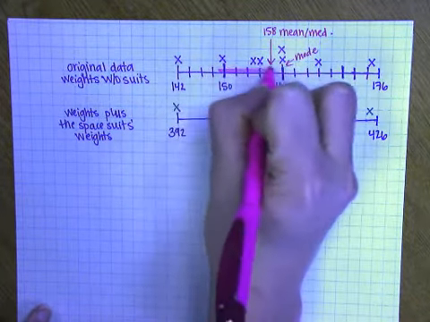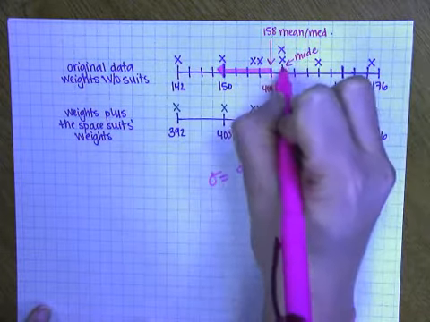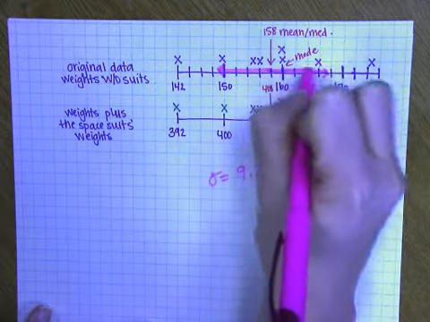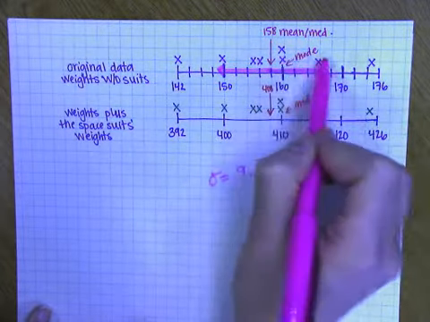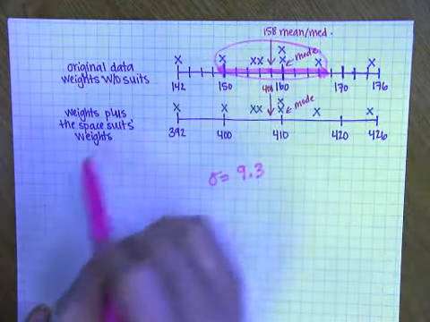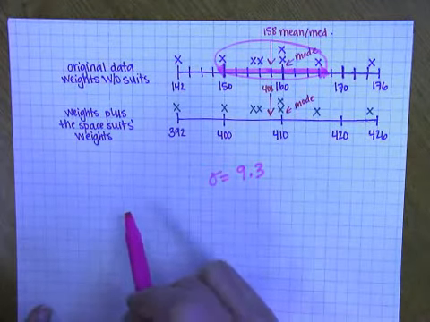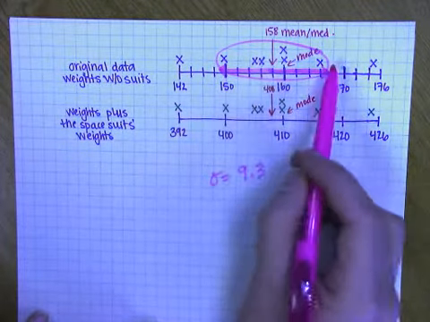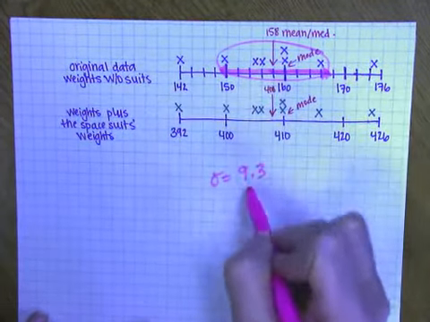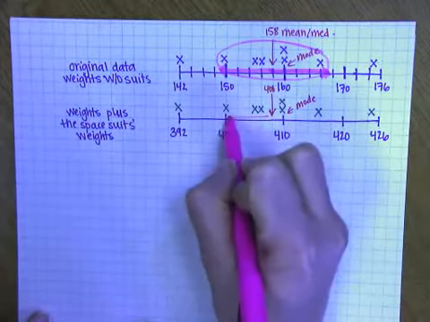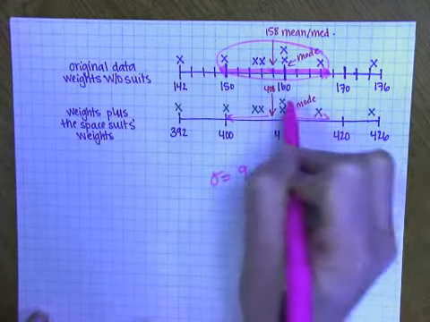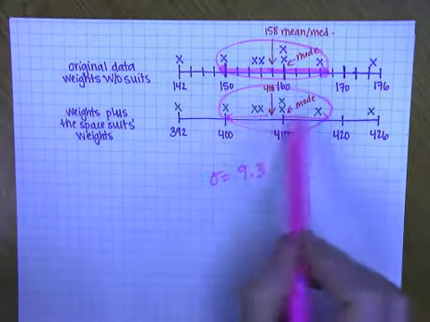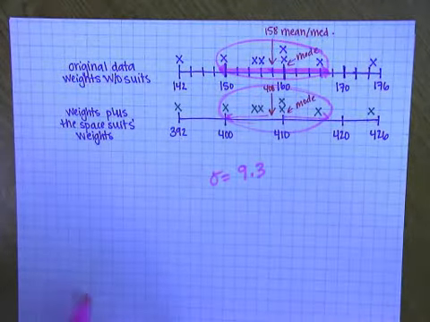So if I go 9 units in this direction, and 2, 4, 6, 8, 10, so not quite 10, 9 units in this direction. What that says is that this captures most of our data points. And indeed, most of our data points fall within one standard deviation of the mean. And then in the same situation here, since our standard deviation is 9.3, it's the same distance going in this direction. And again, our standard deviation captures most of our data points, one standard deviation away from the mean.